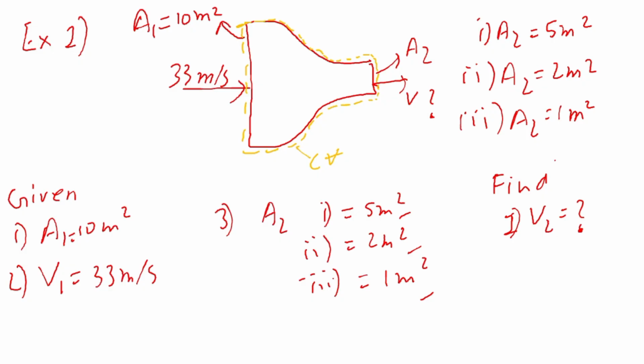Now, like we talked about before, the first thing is to identify what the control volume is, and then identify what type of control volume it is. When we talked about control volume, we talked about the two questions you need to ask yourself: is the control volume moving, and is it deforming? In this case, since this is a rigid nozzle, it's not deforming. And since it's a nozzle, it's safe to assume that it is not moving even.